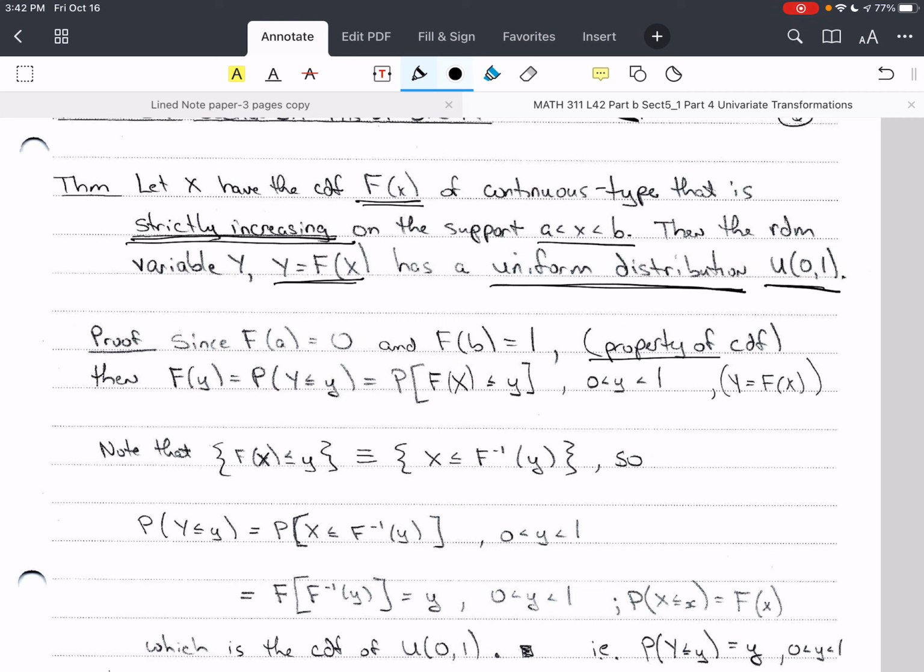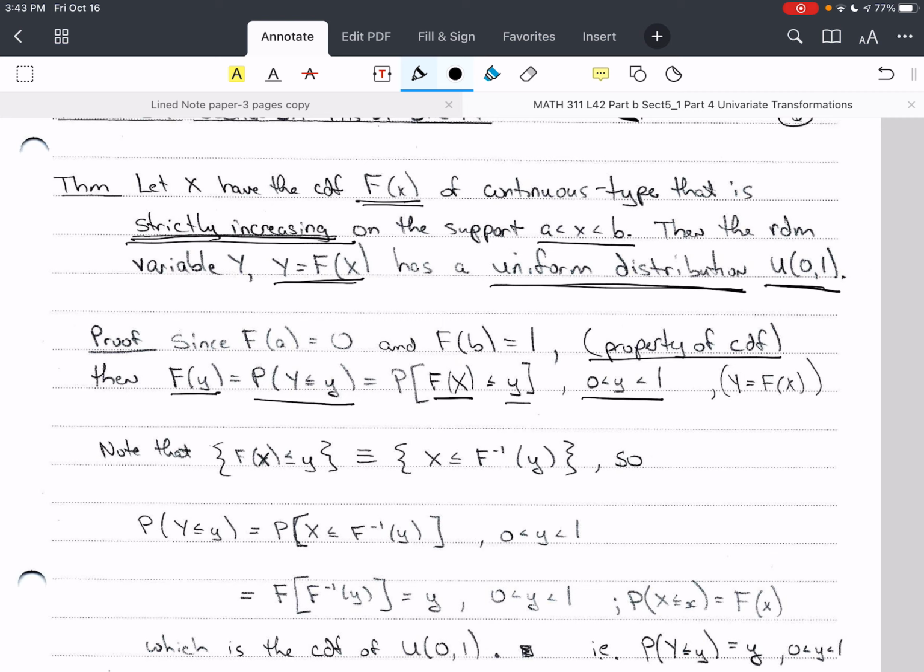And this is the property of the CDF. Then F of y is equal to the probability that Y is less than or equal to little y. And that can be written as the probability that F of X is less than or equal to little y for y between 0 and 1. And capital F of X is always between 0 and 1.